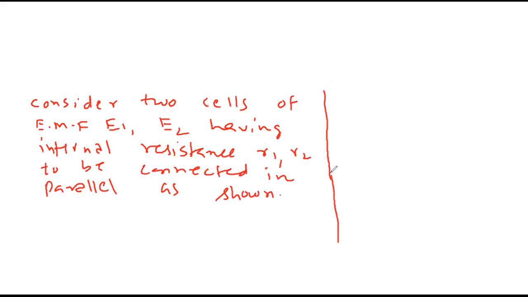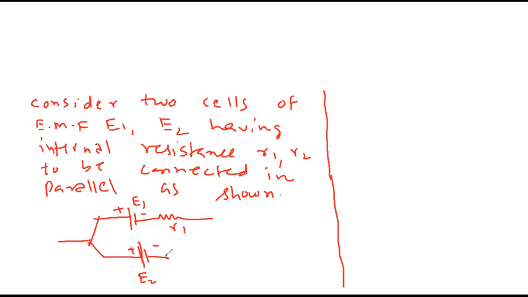E1 with internal resistance R1, E2 with internal resistance R2 connected in parallel between two points A and B. This wire A, B, all are same.